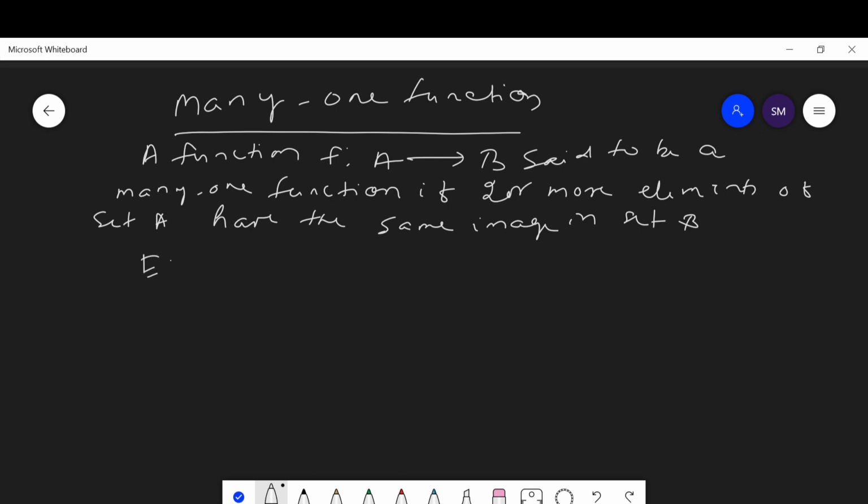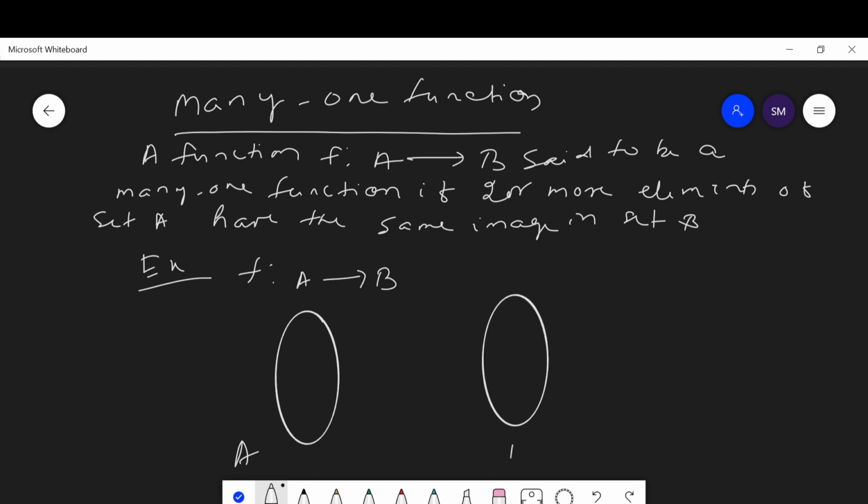Let us discuss an example and diagrammatic representation of these many-one functions, which will be better for your understanding. Let f be a function from A to B represented by the following diagram. Here A is a set and B is another set.